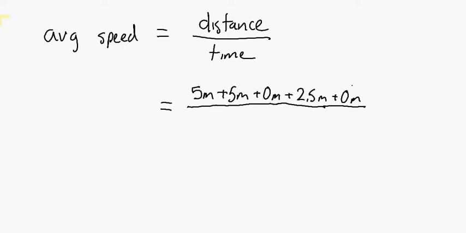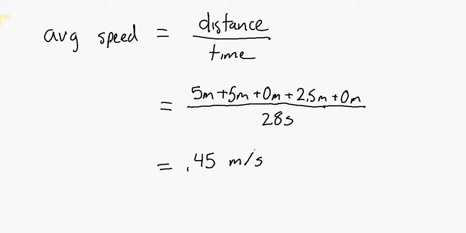After calculating this out, we'll see that this comes out to about 0.45. And again, the units will be meters per second since we have meters on top and seconds on the bottom. So in this case, we see that the average speed and average velocity are different from each other.